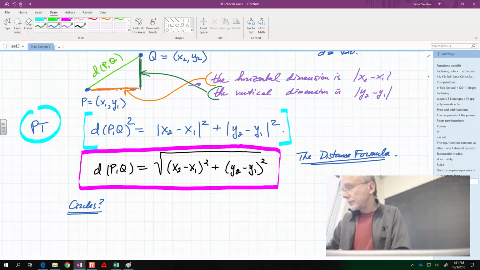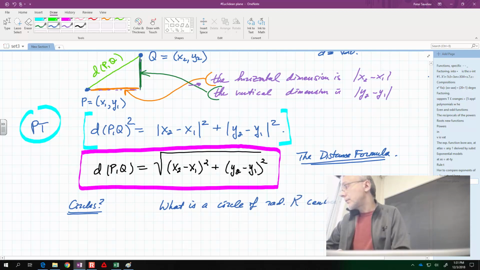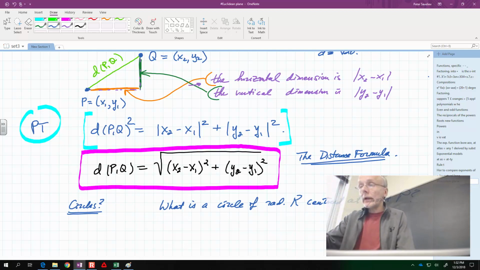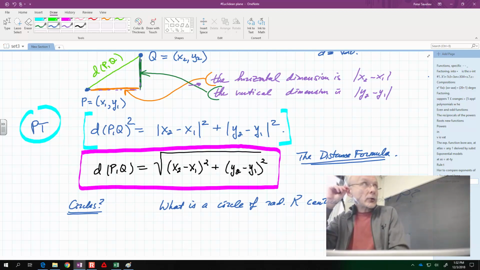So, what is a circle? A circle of radius R centered at point P. So it is a plane geometry question. You certainly know what it looks like, but how do you describe it mathematically?